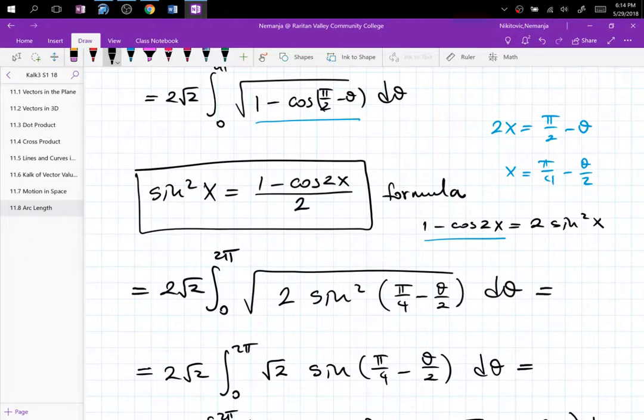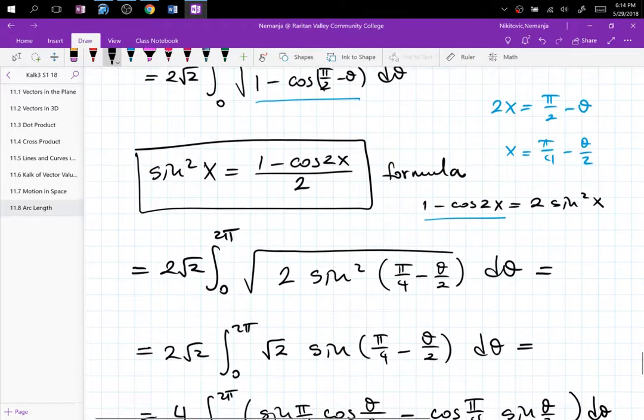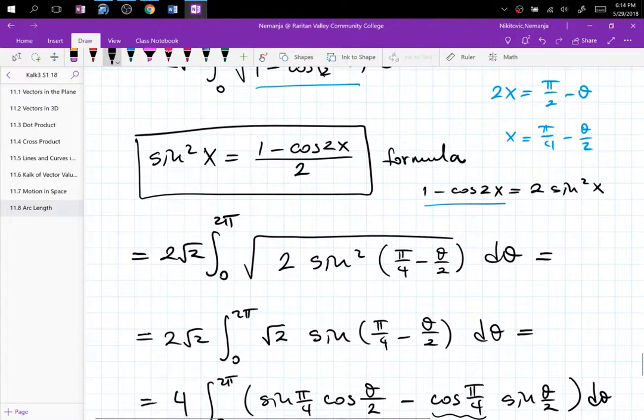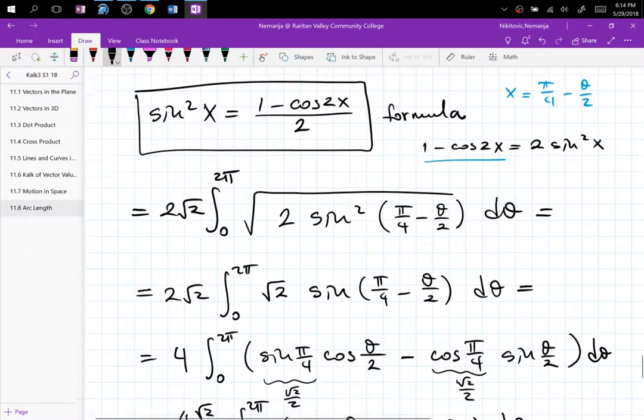So that's pi over 4 minus theta over 2, yeah. So now plug that in. So 2 root 2, 2 sine squared of pi over 4 minus theta. Okay, that's good.